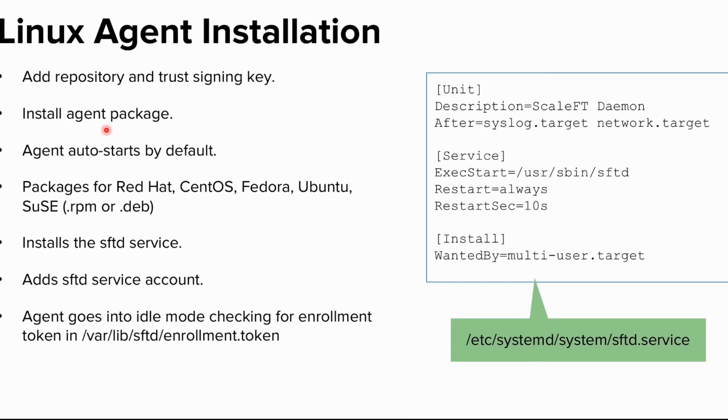Then you're going to install the agent package. It's going to start by default. There are a variety of packages available. It'll install the SFTD service, and it'll add a service account. And from there, it just goes into an idle mode, waiting to see if there's an enrollment token file.